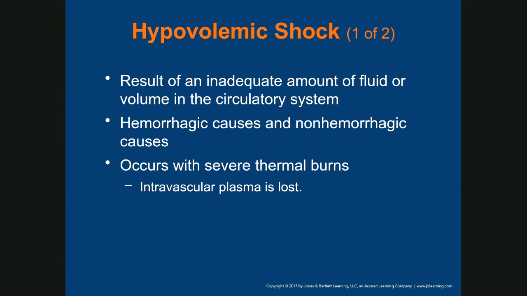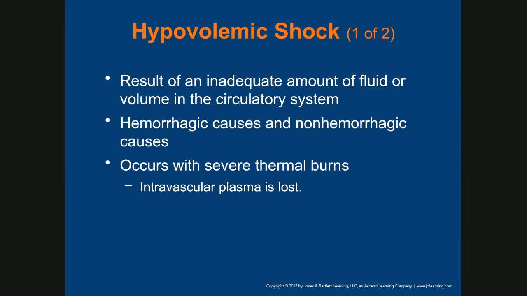And that can be in the form of excessive blood loss, or it can be in the form of plasma loss. So, the result of an inadequate amount of fluid or volume in the circulatory system, with hemorrhagic causes and non-hemorrhagic causes. It occurs with severe thermal burns.